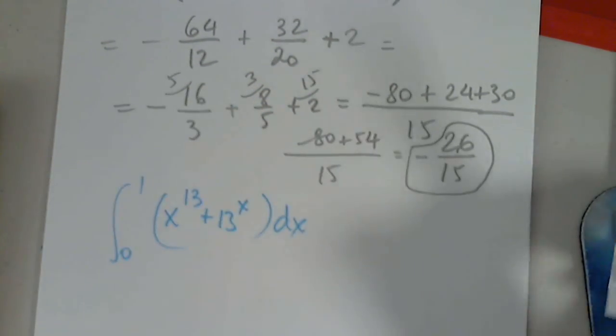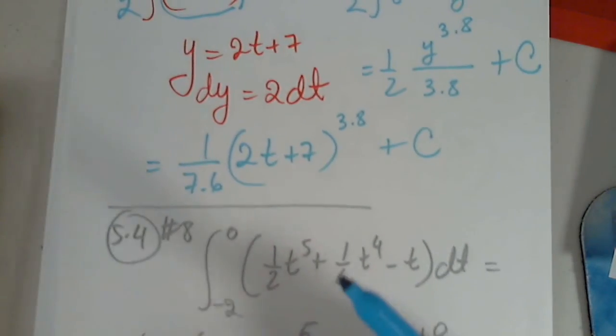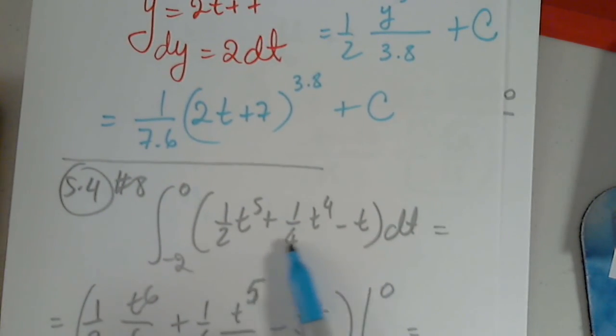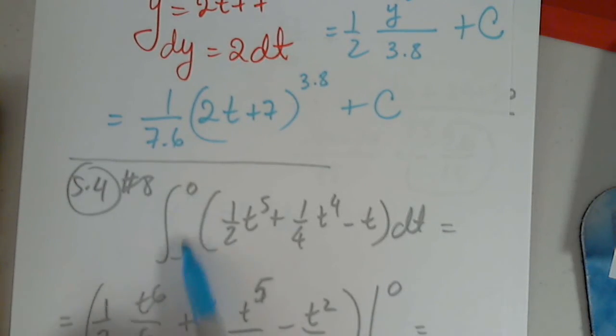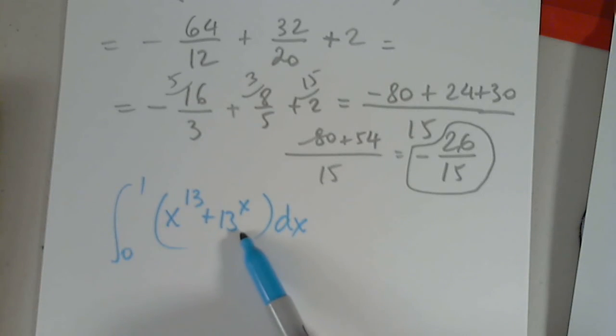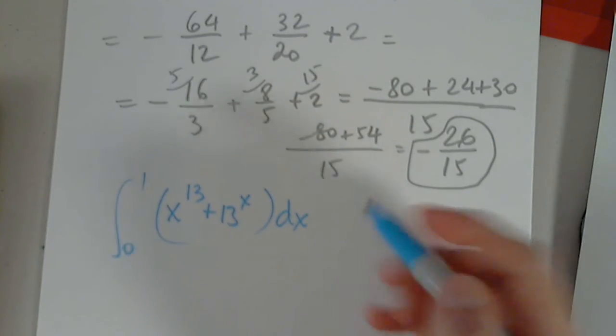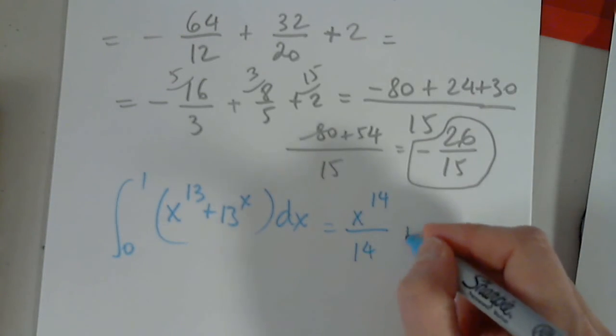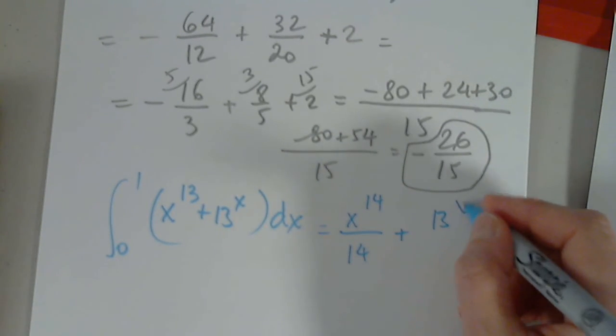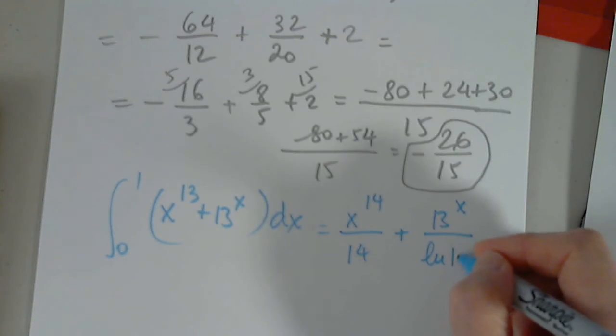So remember, I forgot to say, but we always have to check, make sure that the function is defined here. It's continuous here between -2 and 0, and it is. This is always continuous, but we always have to check. So this is x to the 14th over 14th plus 13 to the x divided by natural log 13.